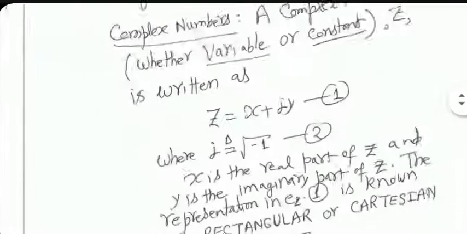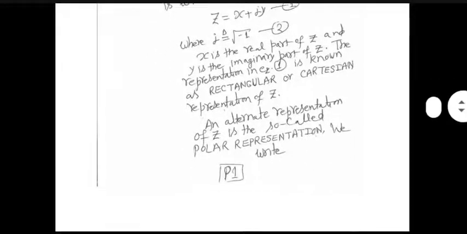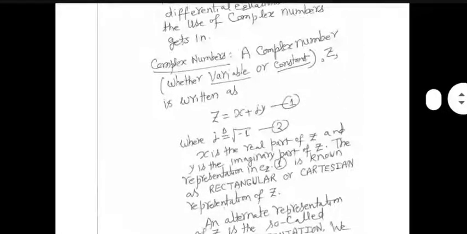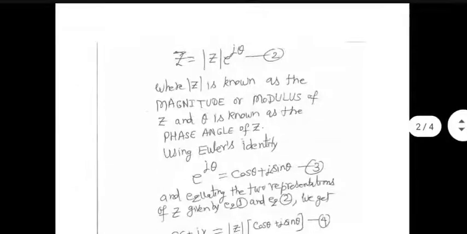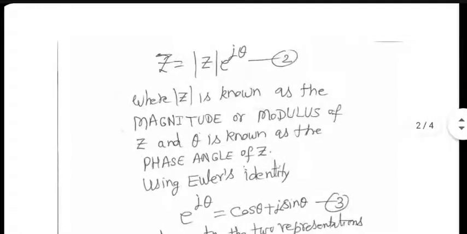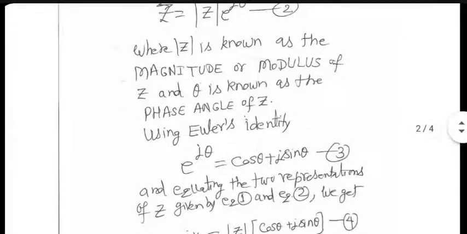But still, for the sake of completeness, I have repeated complex number theory in my notes. x plus jy is how in rectangular system we write a complex number where j is square root of -1. In polar system, we write it using magnitude and phase angle as shown here. That's also fair enough. You also know Euler's identity, e to the power j theta equal to cos theta plus j sin theta. I don't have to debate on that issue.